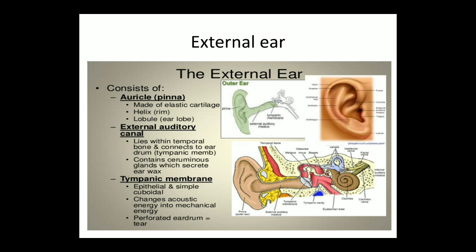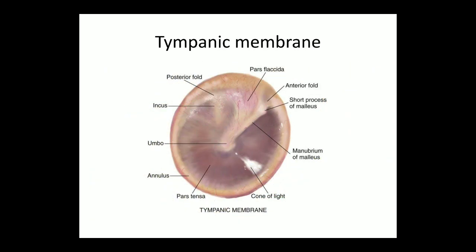Now, tympanic membrane or eardrum. First we will discuss the size, shape and position. The eardrum, also called the tympanic membrane, measures approximately 10 mm in vertical diameter and 8 mm in horizontal diameter. It is oval in shape.